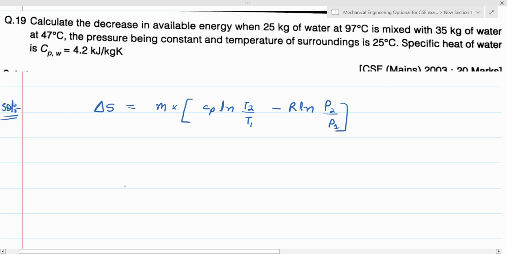Here we know that the pressure is being constant, so this second term is always equals to 0. So the formula comes out to be delta S is equals to the mass multiplied by Cp multiplied by ln T2 by T1.